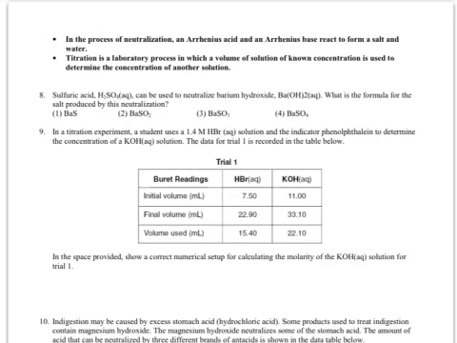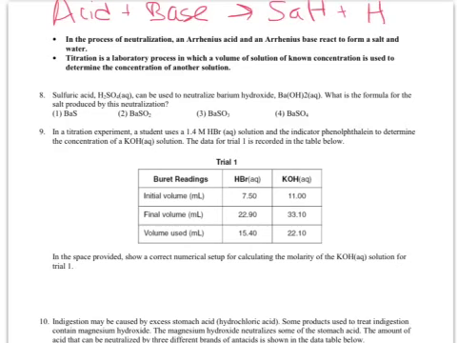In the next reaction, they ask us about a neutralization reaction between sulfuric acid, obviously an acid, and barium hydroxide, a base. Remember that in a neutralization reaction, we combine acid and base to form salt and water. So in this case, we're going to have sulfuric acid and barium hydroxide. They're going to react in a double replacement reaction.